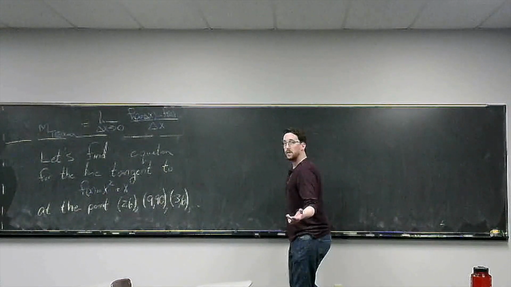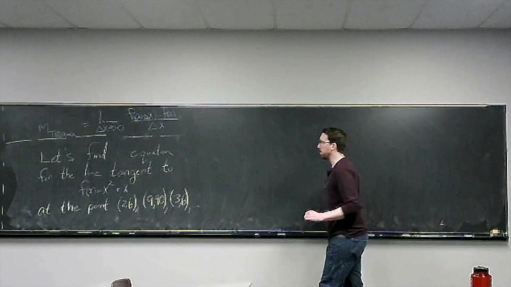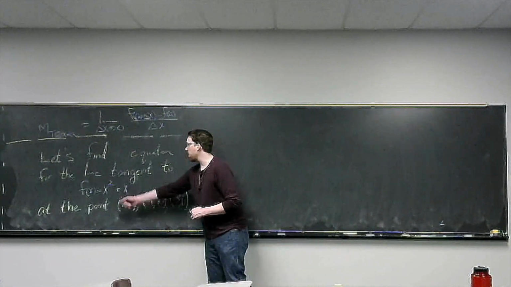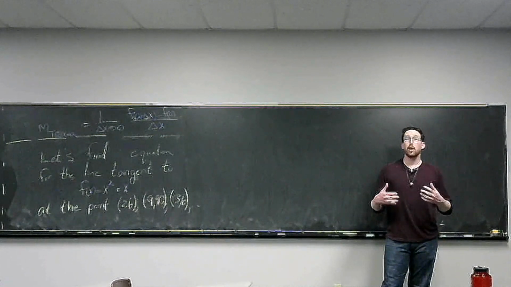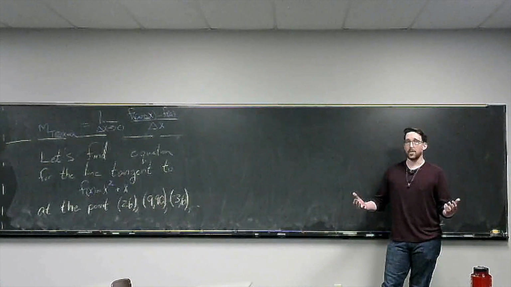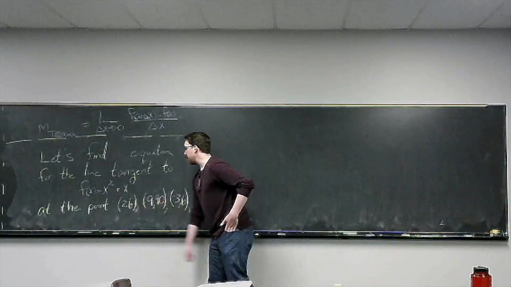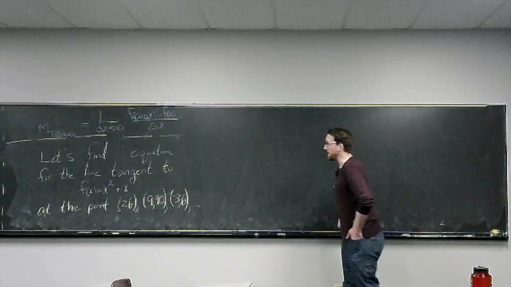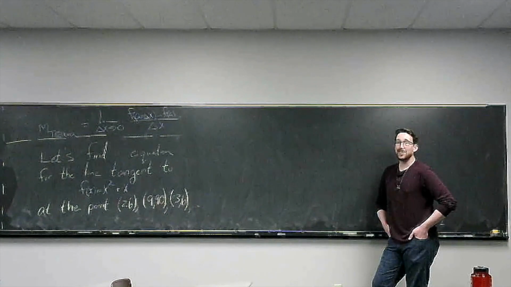All right, now let's imagine I were to change that last example just a little bit. Let's imagine now that our function is x squared plus x, and I were to ask you to find a bunch of tangent lines. So just what I've got here, the line tangent to our function at the point 2,6, at the point 9,90, and at the point -3,6.